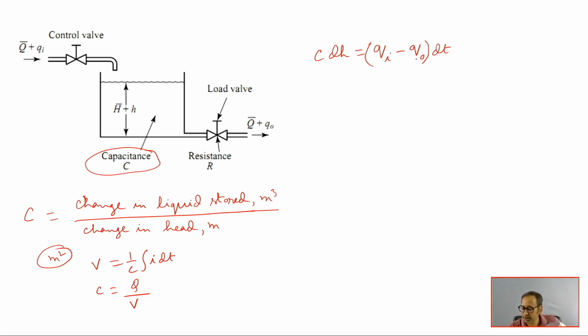If the inflow rate is greater than the outflow rate, this change in height will be positive. That is happening in time dt. So, this equation is obtained from this basic definition.